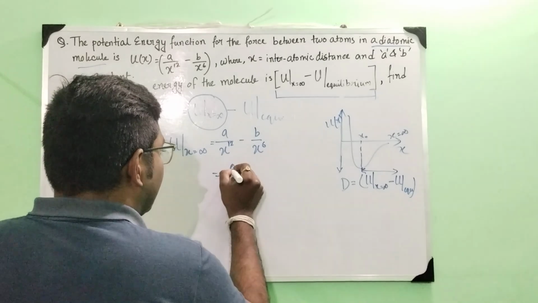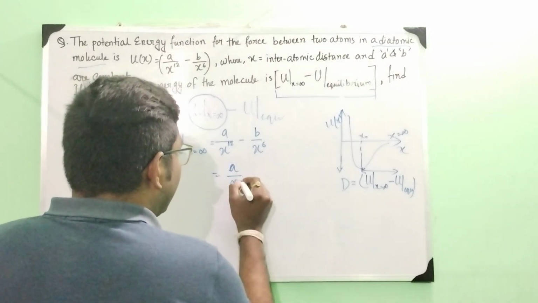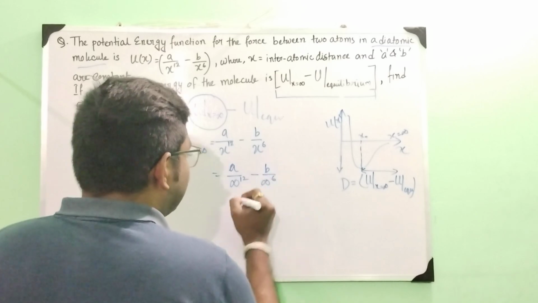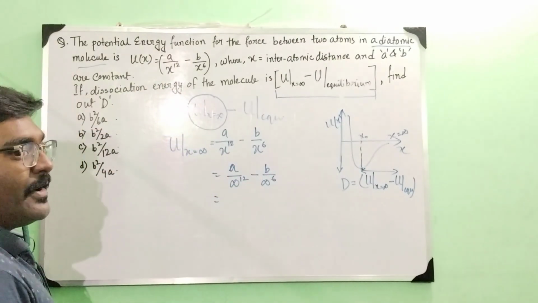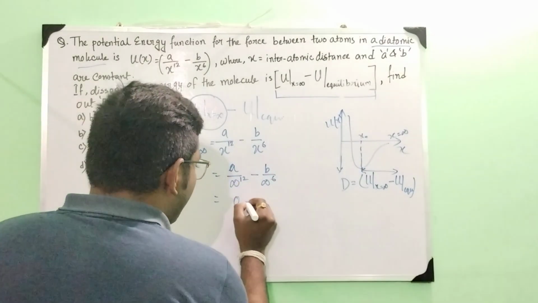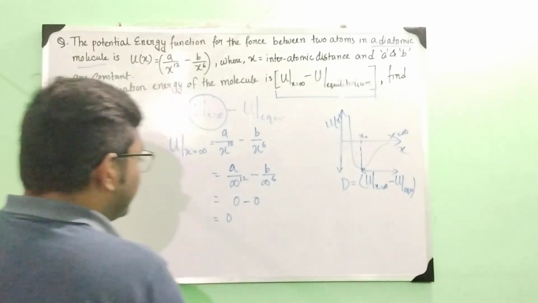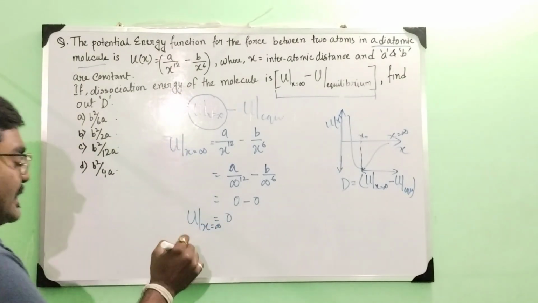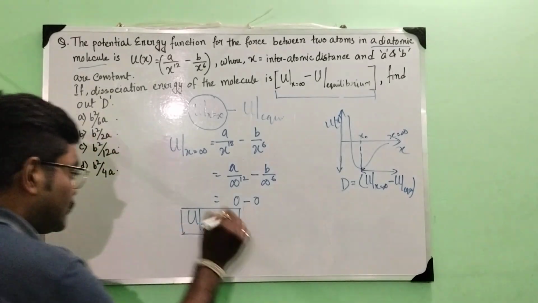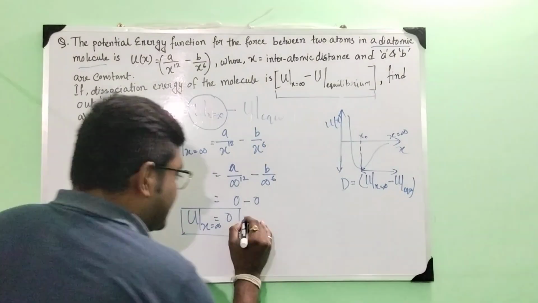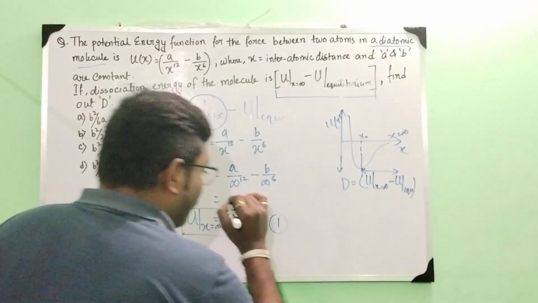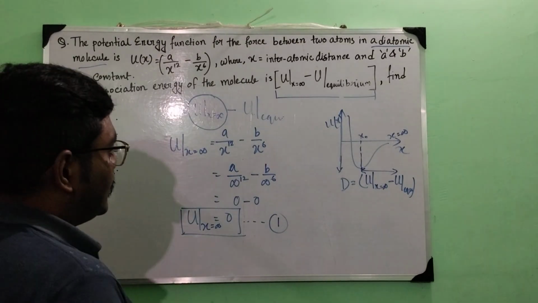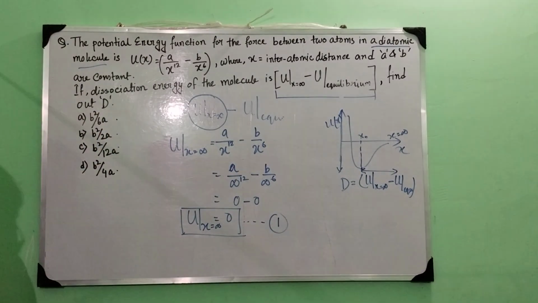That means A by infinity to the power 12 minus B by infinity to the power 6. Anything divided by infinity is 0. So 0 minus 0 is 0. So U at x equals infinity is 0. Just name it as equation 1. Understood? Now we will proceed further.